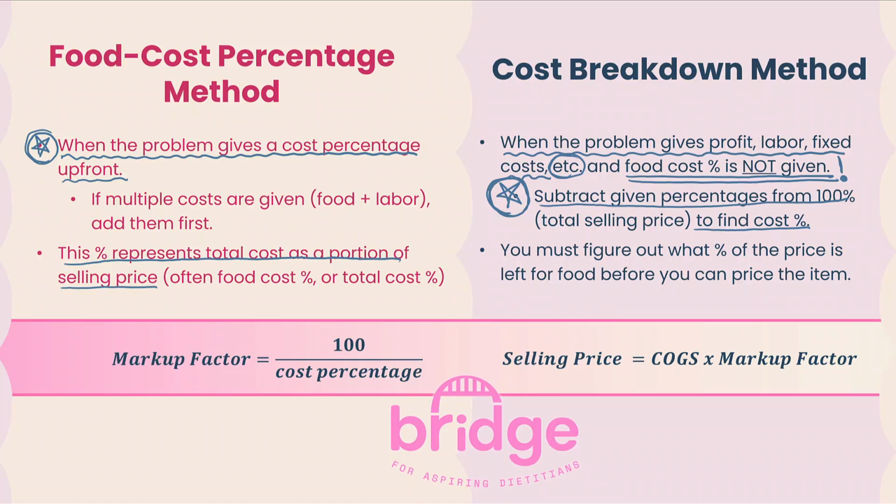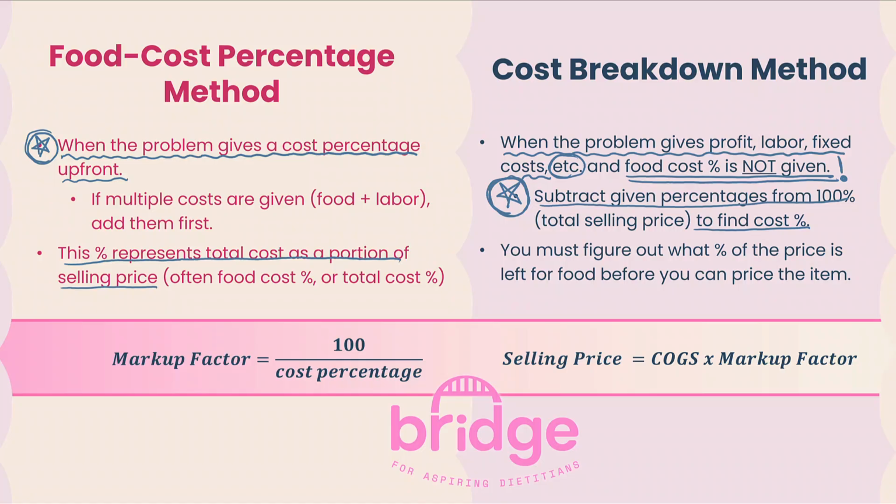So the calculations in both of these problems end up being the same. The markup factor is 100 over the cost percentage, and then the selling price is the cost of goods sold multiplied by the markup factor. So the question is, when do you use each one? If you are outright given the cost percentages, then you'll use that to find your markup factor.